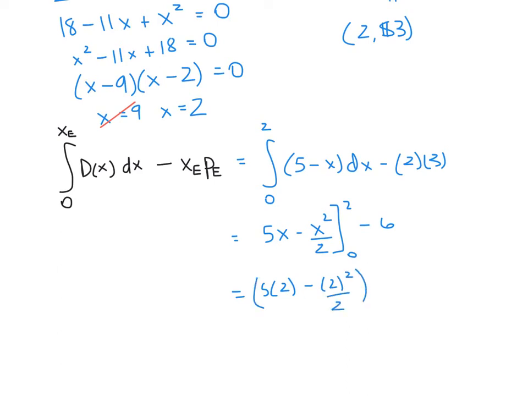And then we're subtracting from that what we get when we plug 0 into this. Well, 5 times 0 is 0 minus 0 squared over 2, so that's just 0. So minus 0 and then minus 6. So we're left with 10 minus, 2 squared is 4, 4 over 2 gives us 2, minus 6.